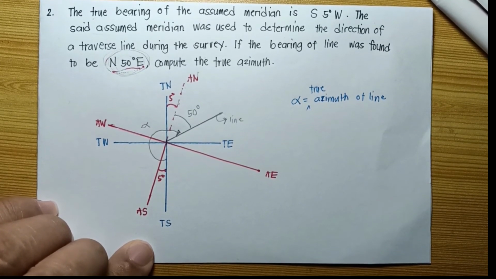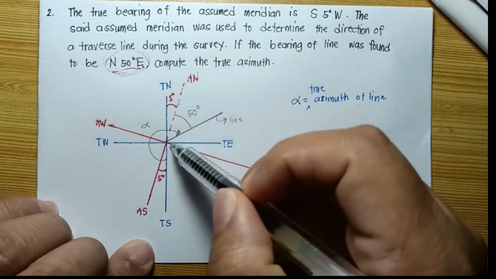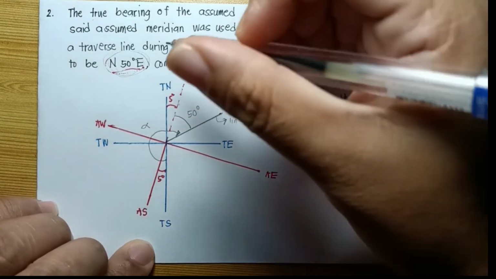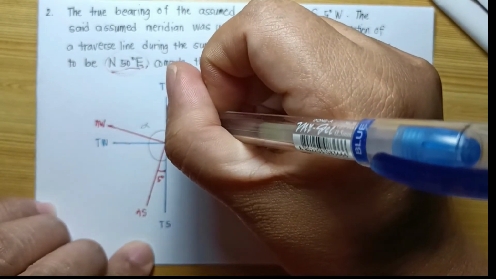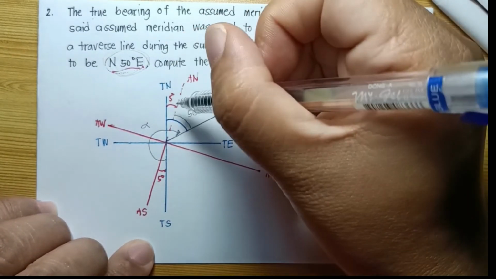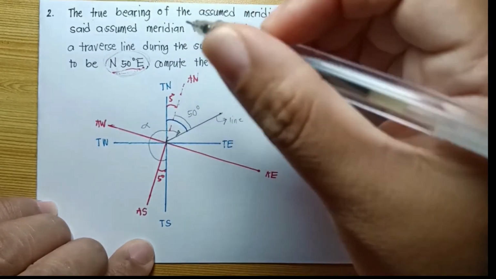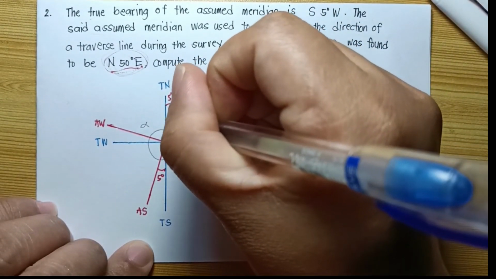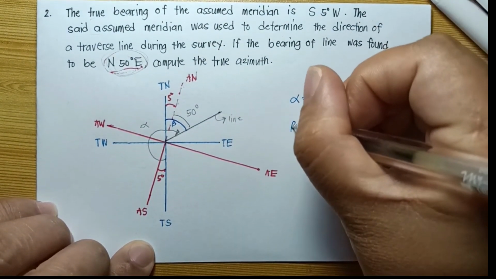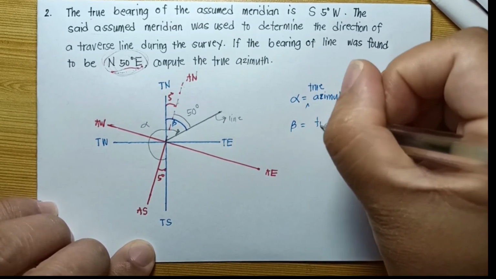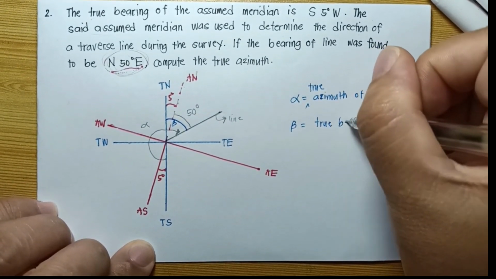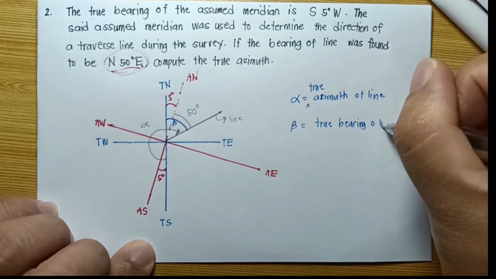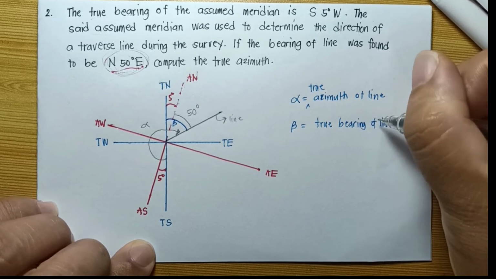So where is the true bearing here? If this is the line, the true bearing is basically this amount. It is reckoned from the true north, or the true meridian. So this is beta. Beta here is the true bearing. Once we know the true bearing of a line, we can compute the true azimuth.